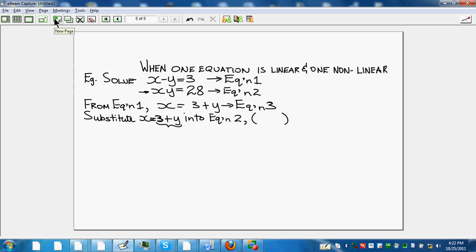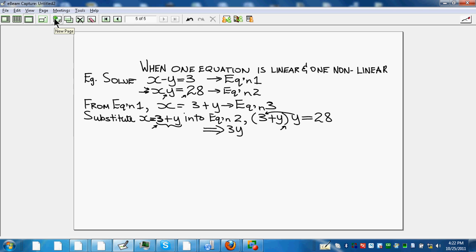That means x by y becomes 3 plus y, multiplied by y, and that would be equal to 28. So (3 plus y) multiplied by y is equal to 28. So now, what I'll do is expand that relationship. So I'll say y by 3 is 3y.